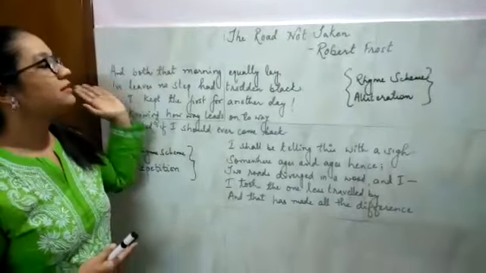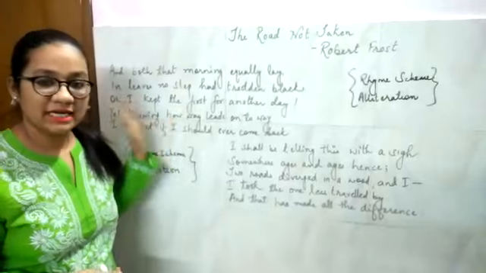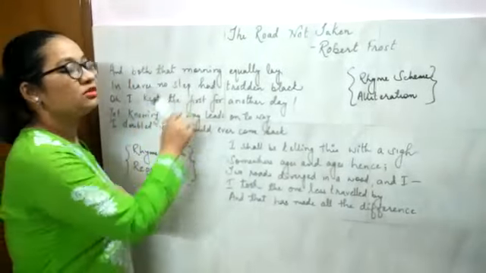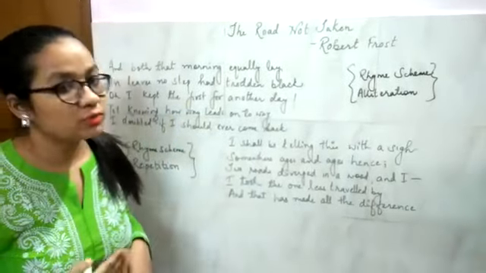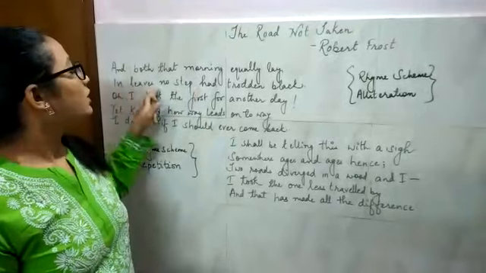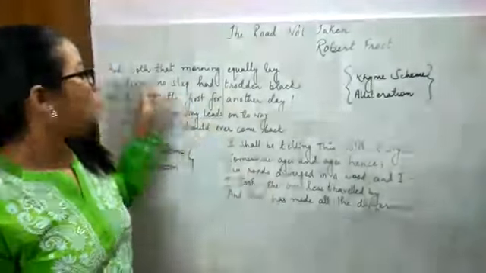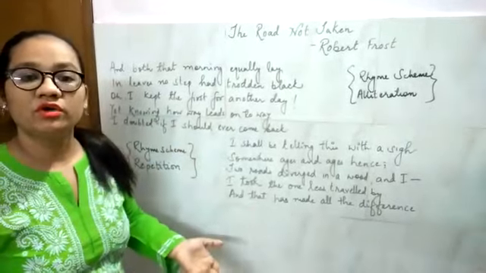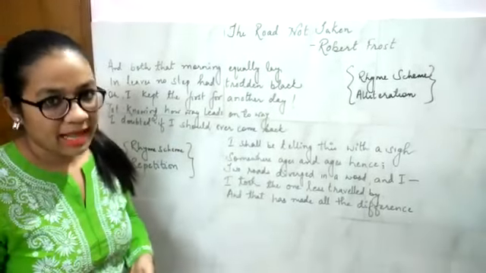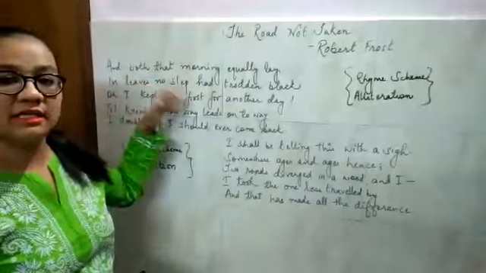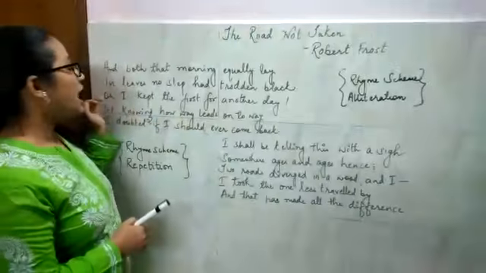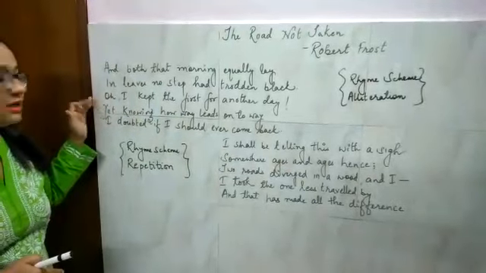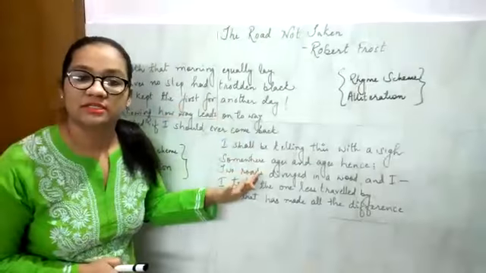He told us that that morning, when he was standing there, the two roads seemed equal to him, as no leaves had trodden black. No one had traveled upon them, because when people travel on leaves they become black, but the leaves were still green. And then he thought, oh, I kept the first for another day.